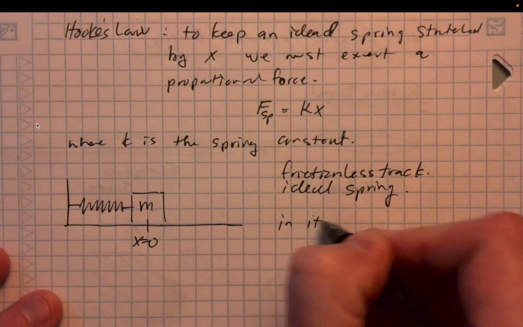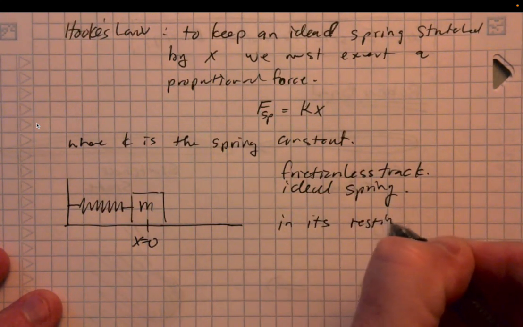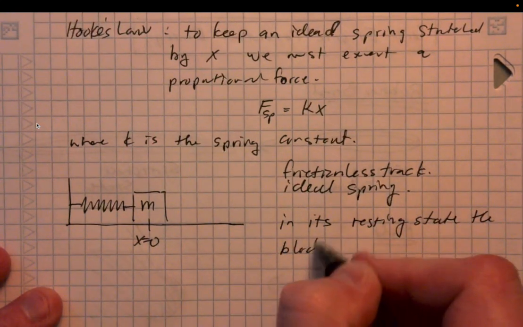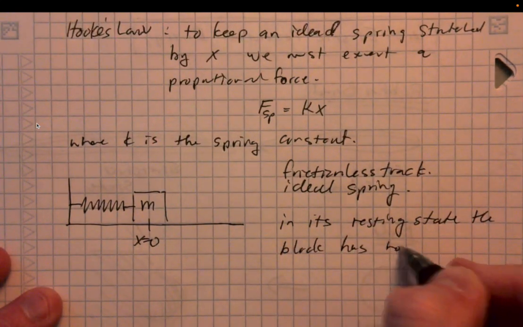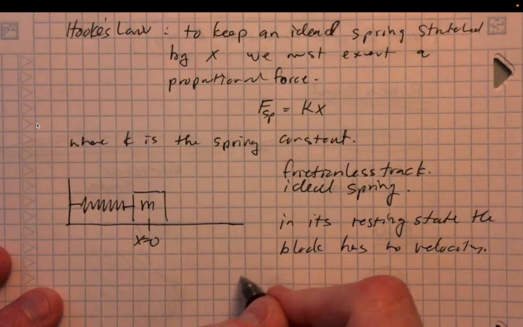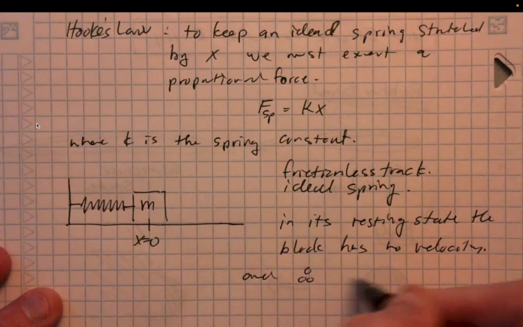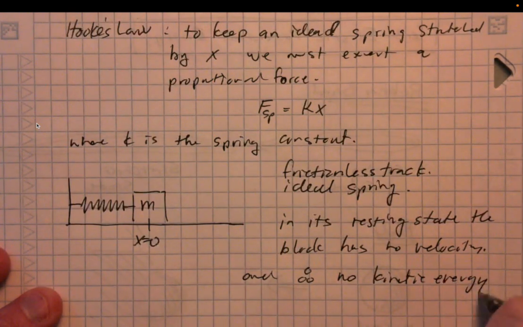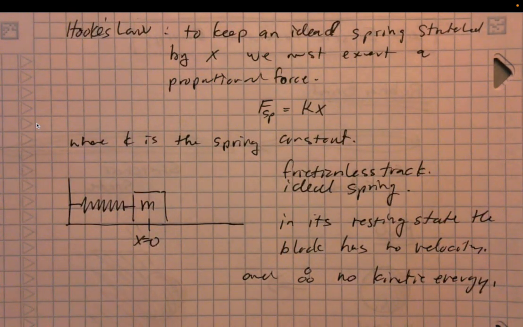In its resting state, the block has no velocity, and therefore no kinetic energy. It also has no potential energy. This thing's just sitting there. There's no energy in the system whatsoever.